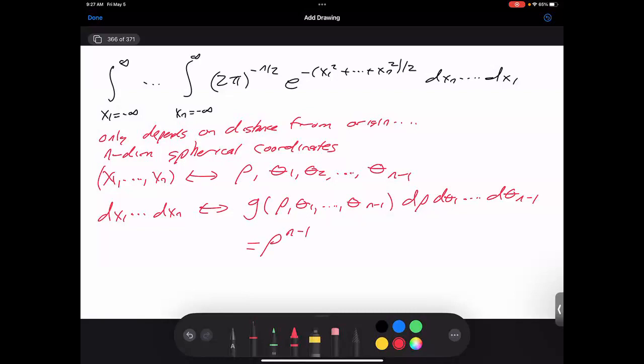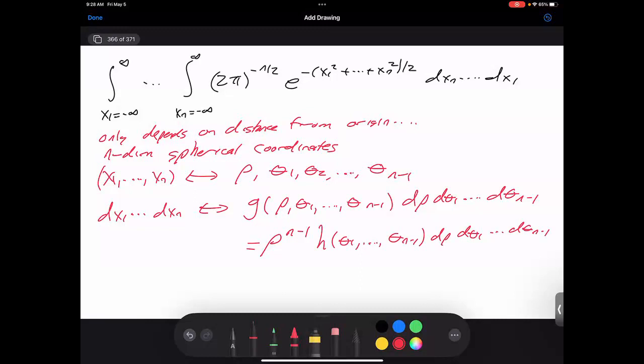And then I need some new function. Let's call it h of theta 1 through theta n minus 1, d rho, d theta 1, d theta n minus 1. I don't know exactly what that function h is.